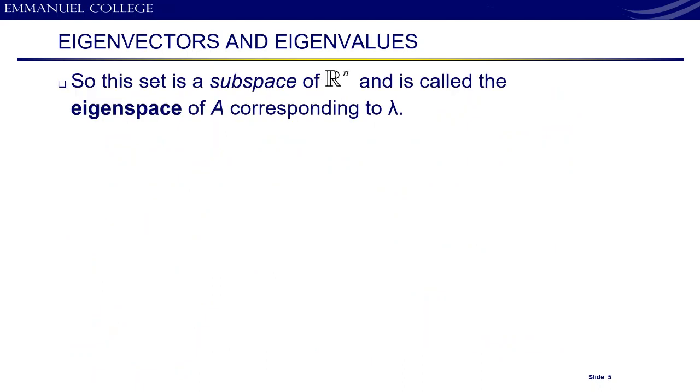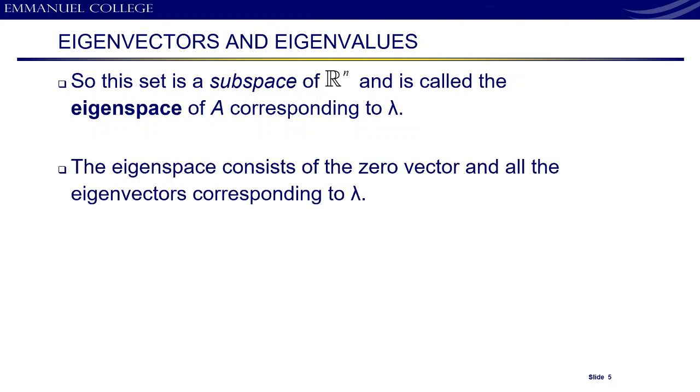That set is a subspace of Rn, and we call it the eigenspace of A that corresponds to lambda. If you change A and lambda, you get different eigenspaces. The eigenspace consists of the 0 vector and all the eigenvectors corresponding to lambda.